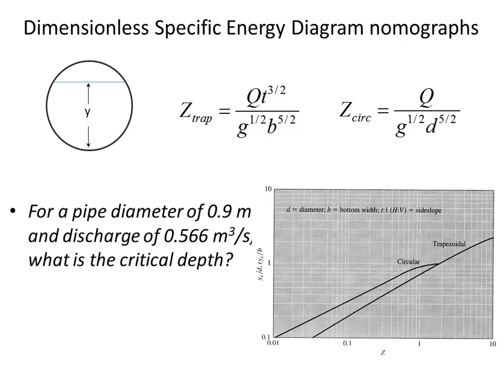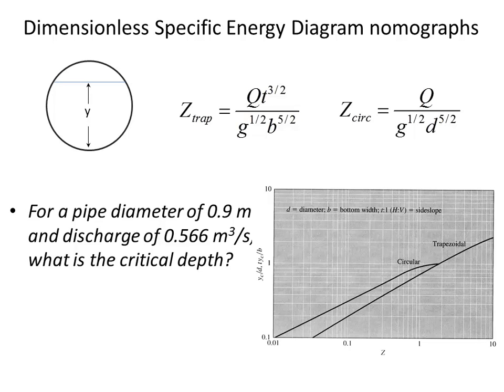So the critical depth is 0.5 times the diameter of the pipe, 0.9 meters. And that says it should be 0.45 meters is the depth. And that's very close to when we had calculated it with full precision.